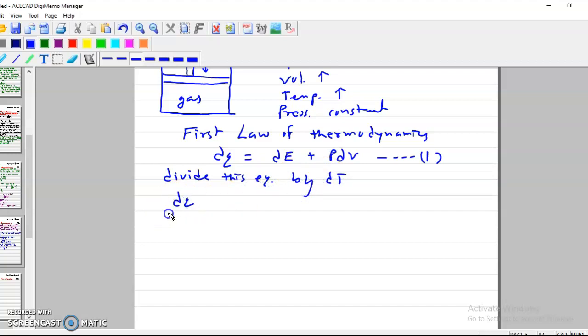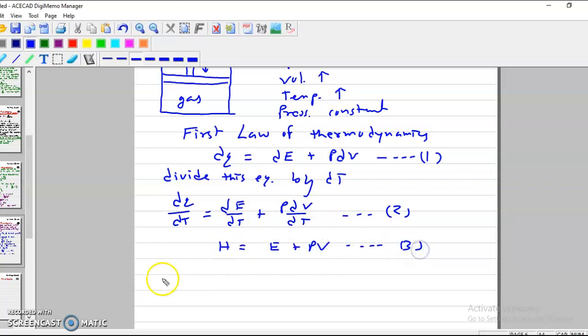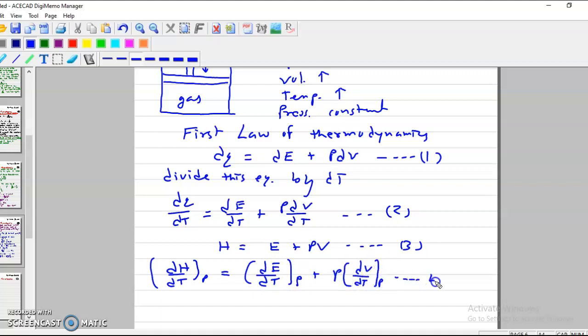So we have dq upon dT is equal to dE upon dT plus PdV upon dT. This is equation 2. Now we know that H is equal to E plus PV. This is equation 3. If you differentiate this equation with respect to T at constant pressure, we will get dH by dT at constant pressure is equal to dE by dT at constant pressure plus P dV upon dT at constant pressure. This is equation 4.